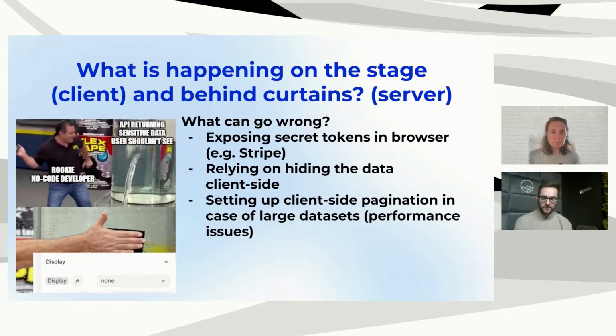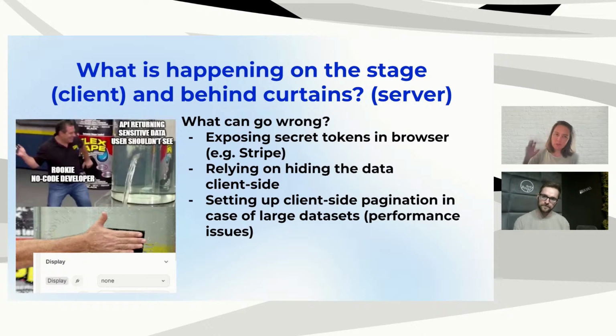But if you, for example, want to do some direct API calls to the Stripe API, and you put a Stripe secret key into the web, accessible to the users if they open the console, this is a huge breach, because if someone has access to your Stripe account, they can do a lot of things that you don't want to happen. And the confusion between public keys, private keys and secret tokens can be a problem.